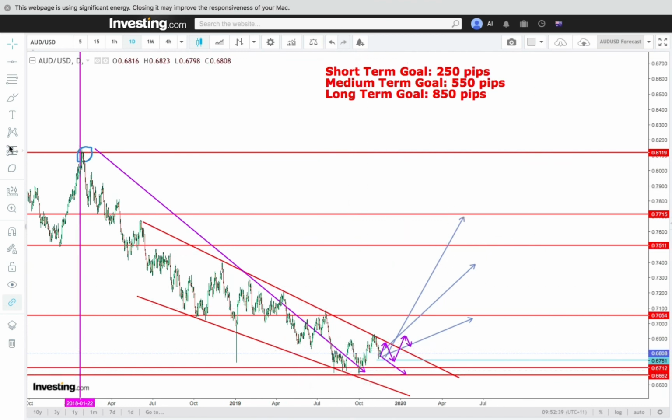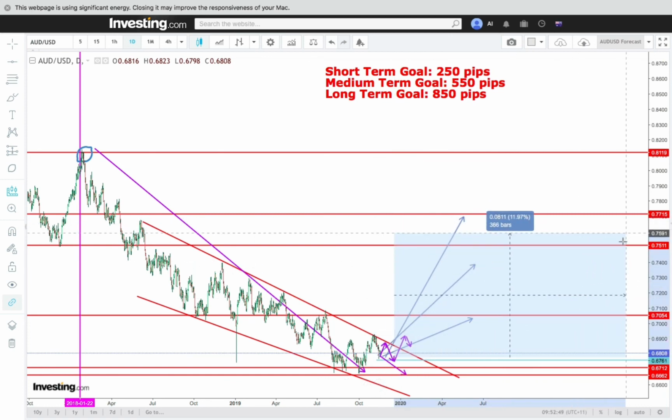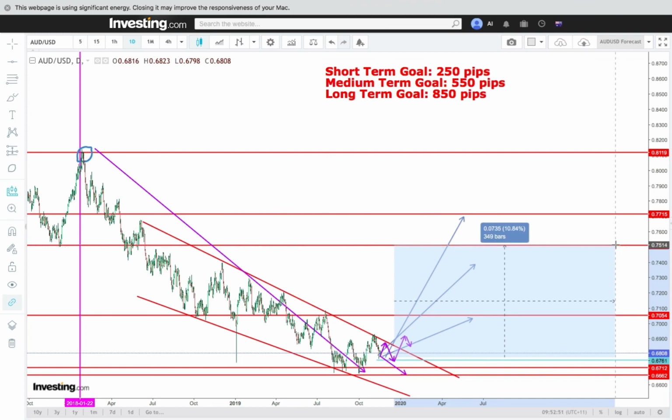So from this point of simple understanding, my goal, or prediction, is from here all the way to at least here, 75 cents. As you can see, that is my target for the Australian dollar to come down.